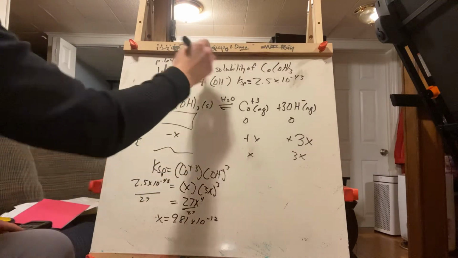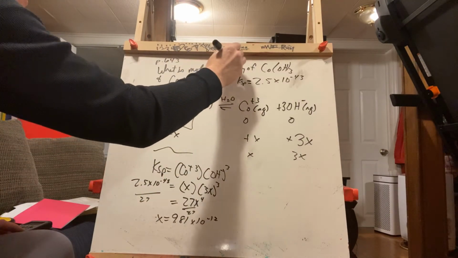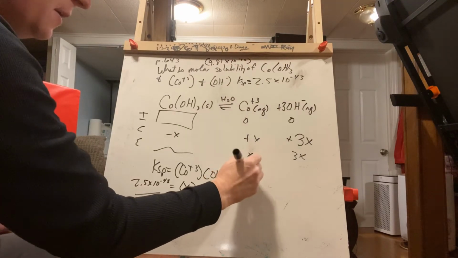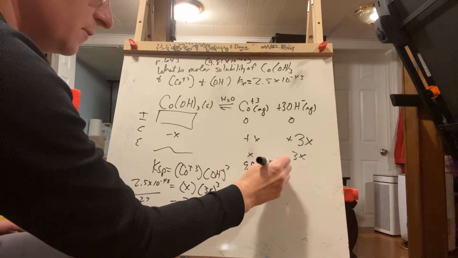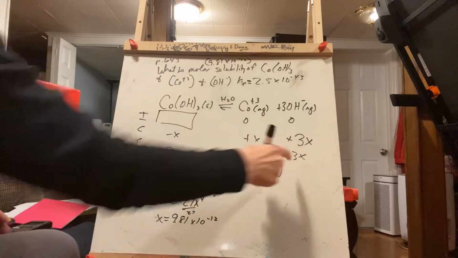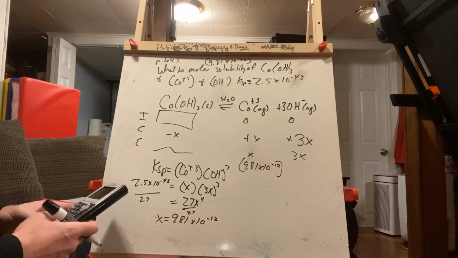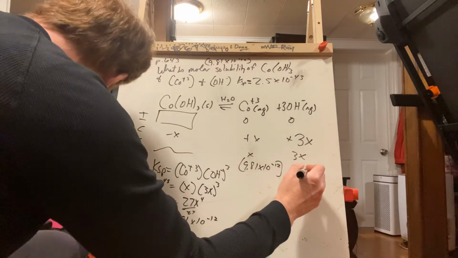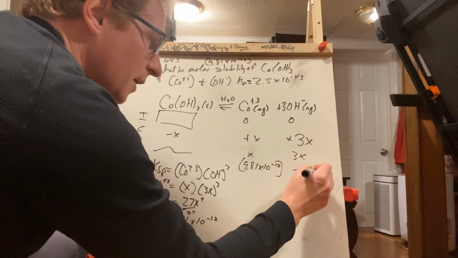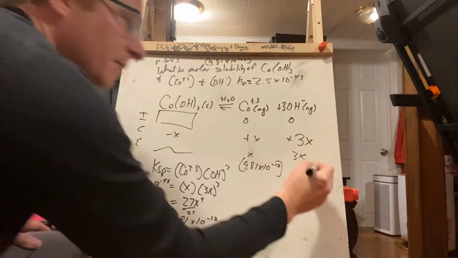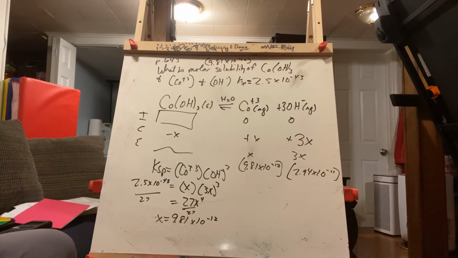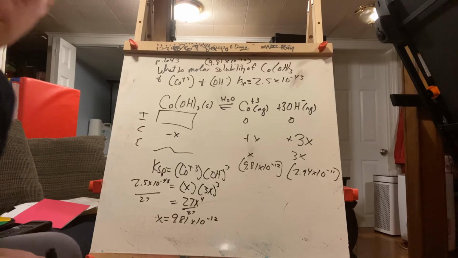The molar solubility is 9.81 times 10 to the negative 12th. Then your Co3+ is 9.81 times 10 to the negative 12th, and 3 times that is 2.94 times 10 to the negative 11th, which is your concentration of OH minus. And that's probably a good starting point.